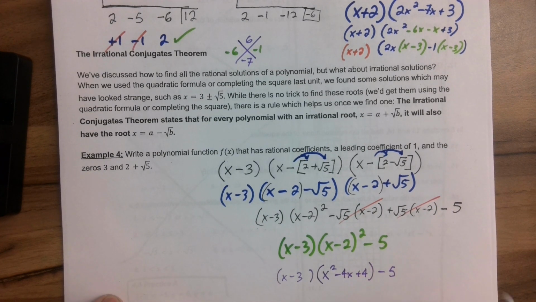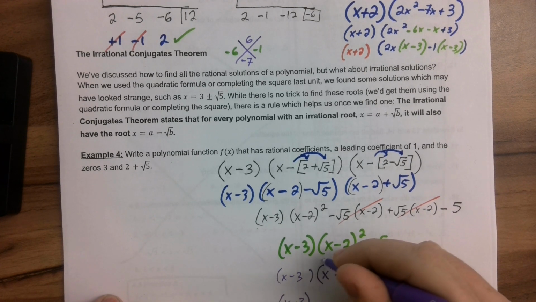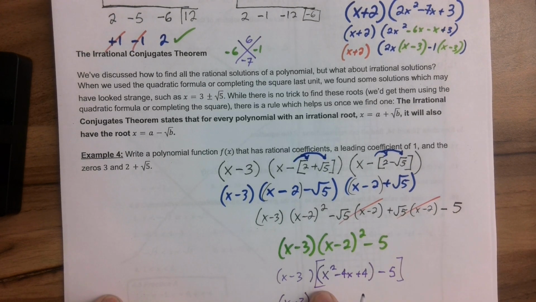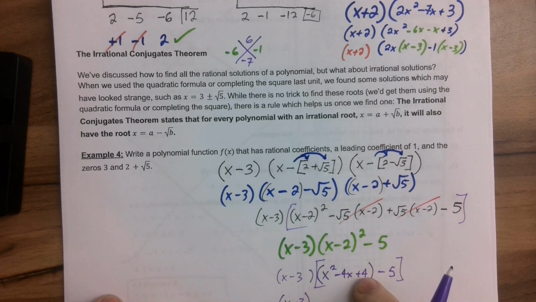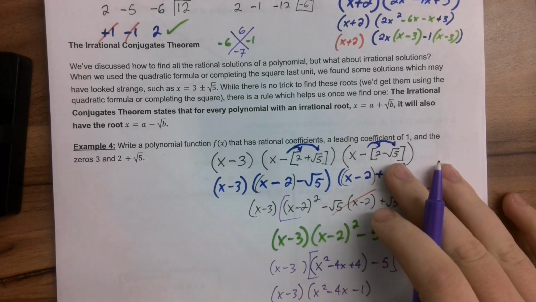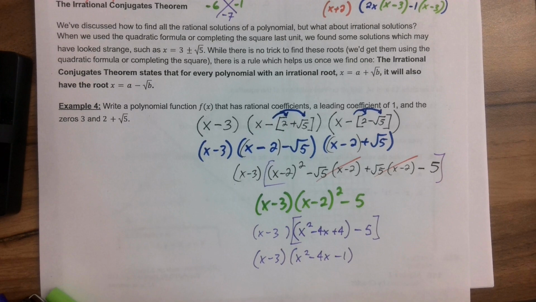We can put these two together, giving us x minus 3 times, technically these should be in parentheses, x squared minus 4x minus 1, by combining 4 and minus 5. And now we can multiply these two out to find our final answer.